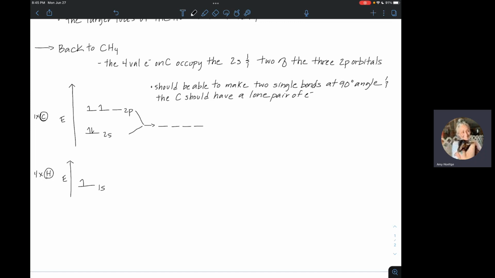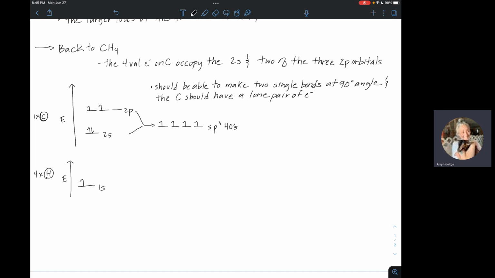I have now created 4 sp3 hybrid orbitals. I'm abbreviating that HO. So I've got 4 sp3. What does sp3 mean? We have an s orbital and all 3 of the p orbitals. Then you're going to take those 4 valence electrons and re-deal them like cards, right? According to Hund's rule, everybody gets 1 electron before we spin pair anybody.